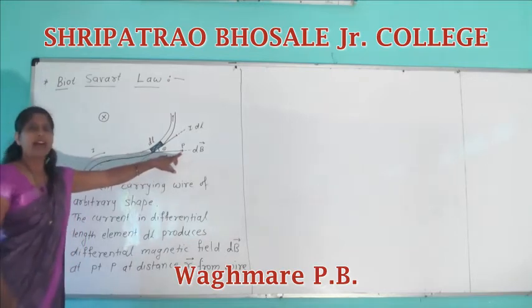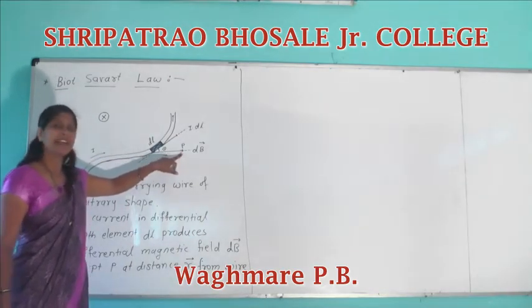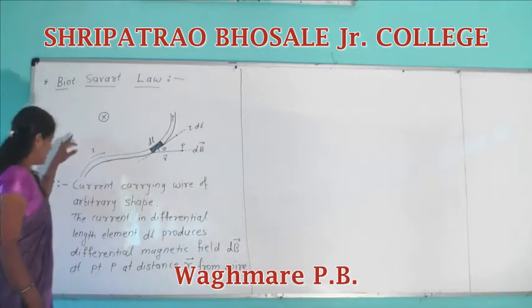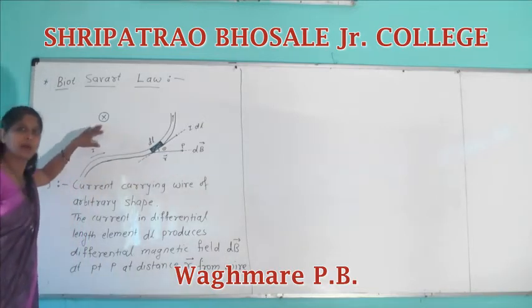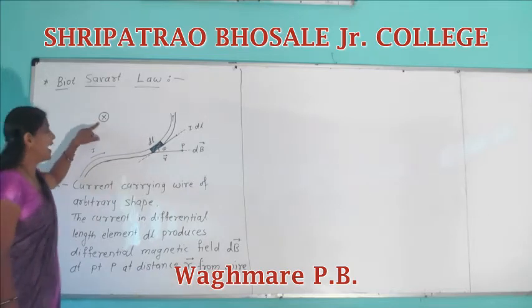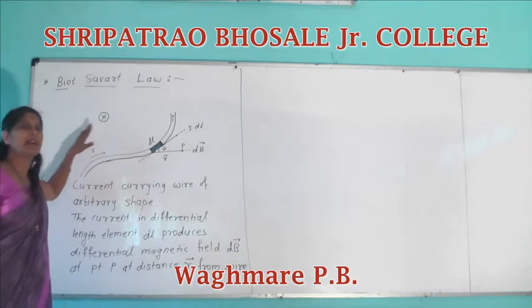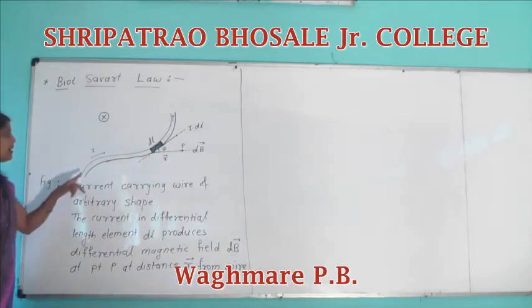Therefore, the direction of magnetic field at the point is into the plane of paper, and here a symbol of magnetic field is shown. This symbol means that the direction of magnetic field is into the plane of paper.